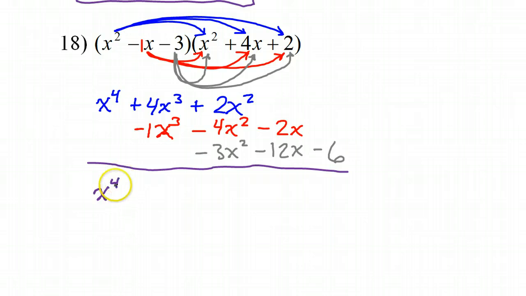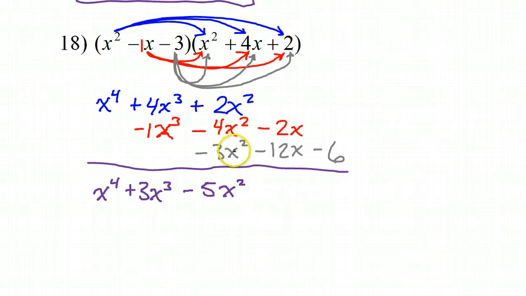Positive 4 and negative 1 will be positive 3x to the 3rd power. x to the 3rd power doesn't change. Now, positive 2 and negative 4 make negative 2. Take that negative 2 and the negative 3, that'll make negative 5, so we have negative 5x squared.